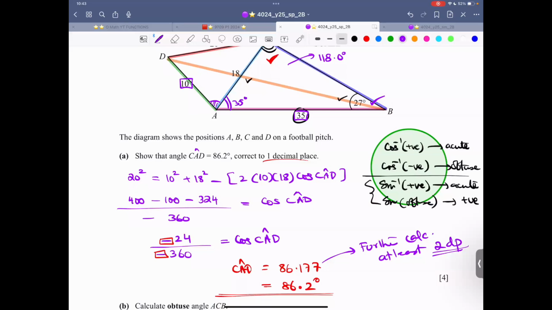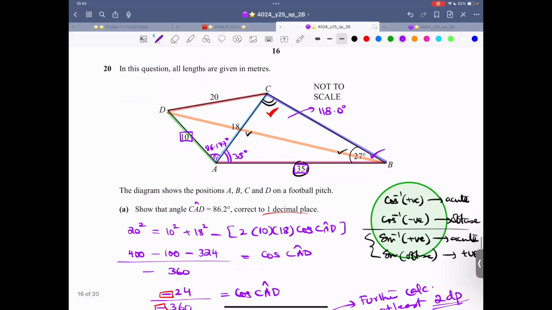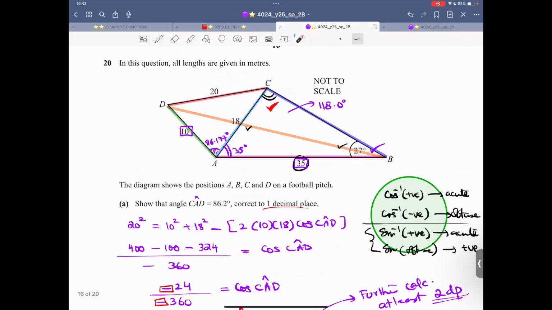And this thing is 86.177. So now focus on this. Again, cosine rule. This time for finding distance: I have this length, I have this length, I want to find this distance, and I have this angle.